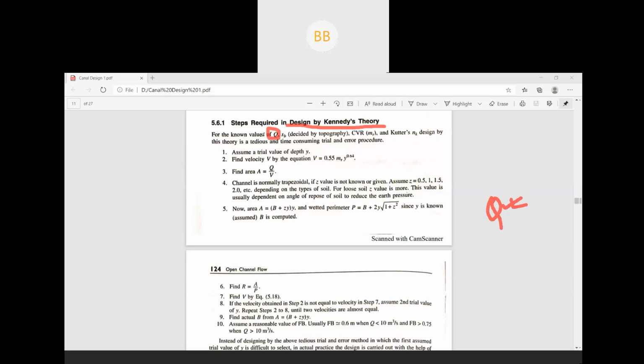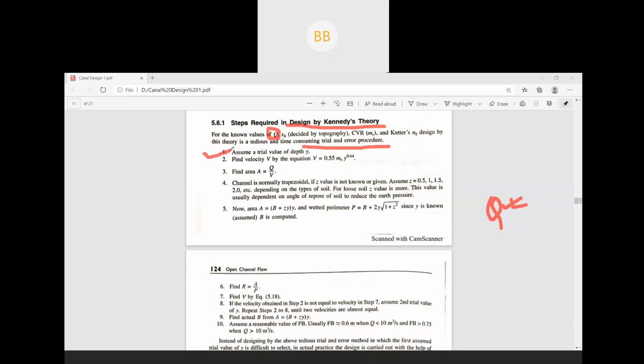Then you should know the bed slope, which definitely depends on the topography of the land. Then we have one term called critical velocity ratio, and another one is N, that is Kutter's N. Okay. So basically, Kennedy's theory is a trial and error method.